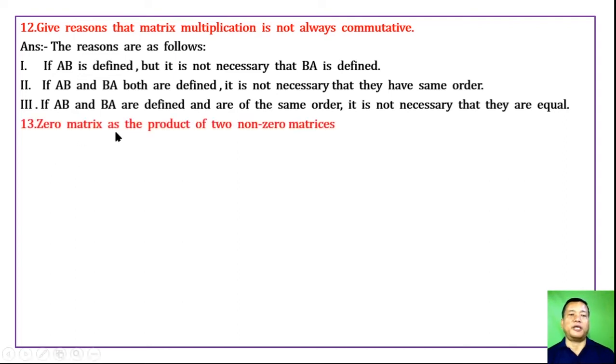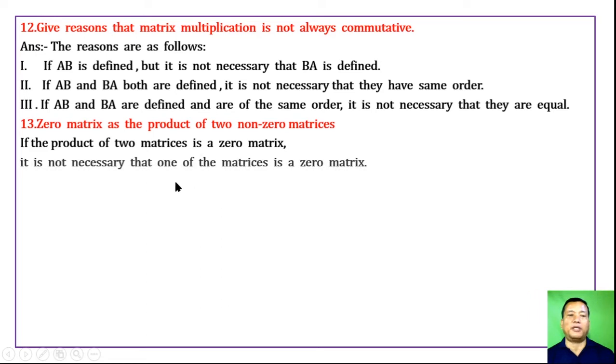Zero matrix can be the product of two non-zero matrices. If the product of two matrices is a zero matrix, it is not necessary that one of the matrices is a zero matrix.